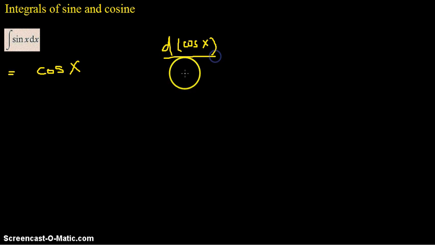If I differentiate cos x with respect to x, I actually get negative sine x.